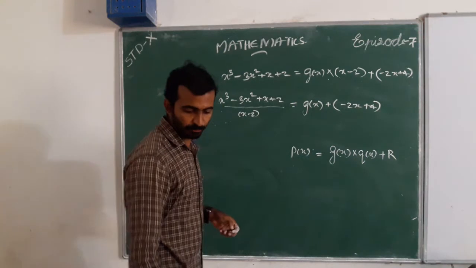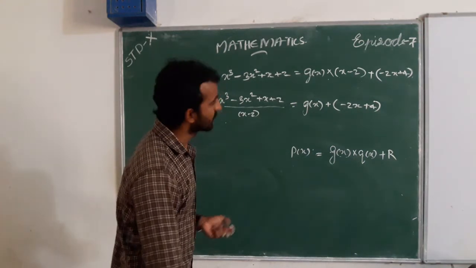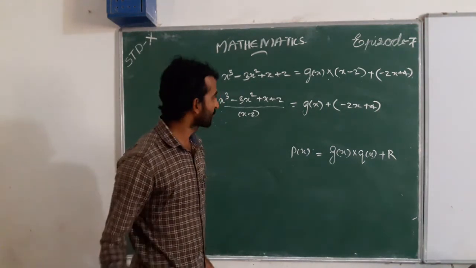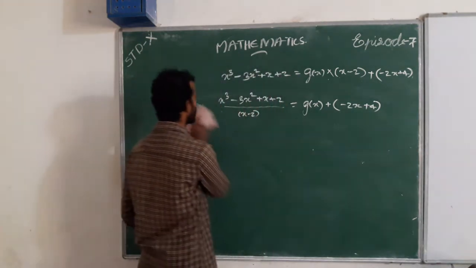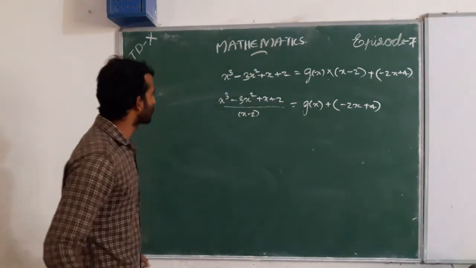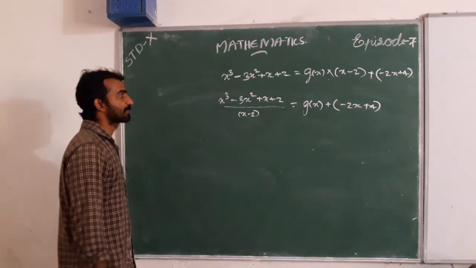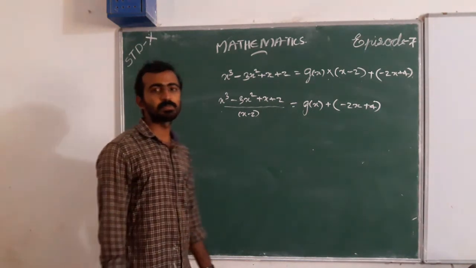When we come to the left side, multiplication goes to division. Is it? Yes. Next step, we want to find the division of x cube minus 3x square plus x plus 2 whole divided by x minus 2.